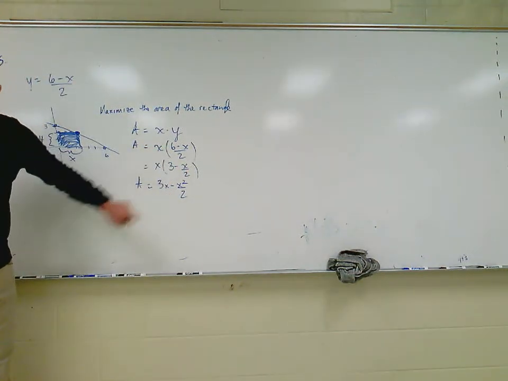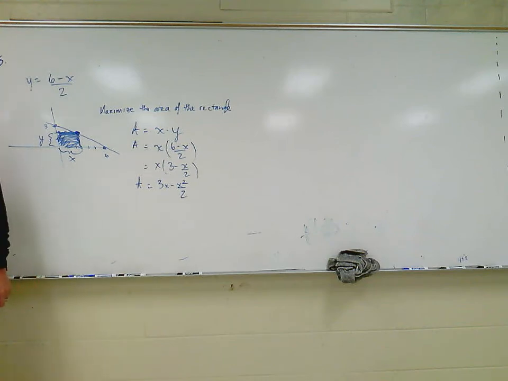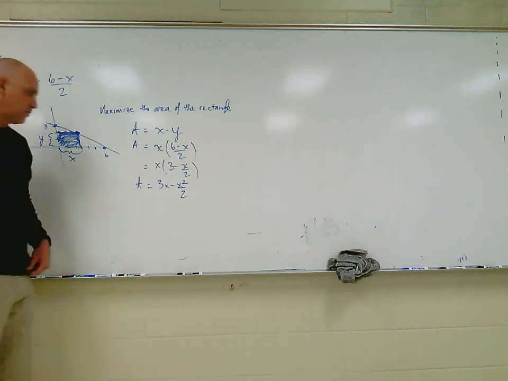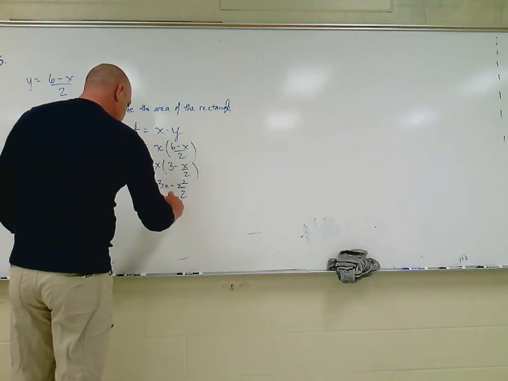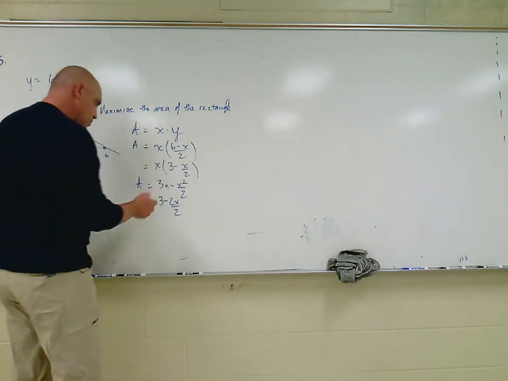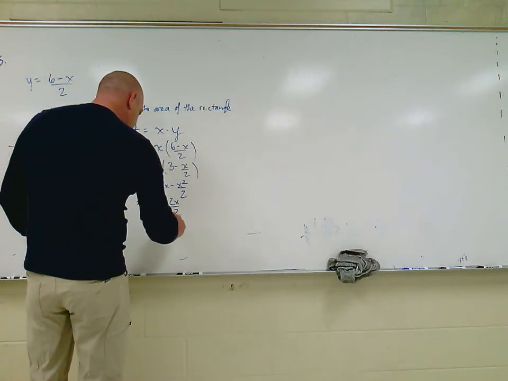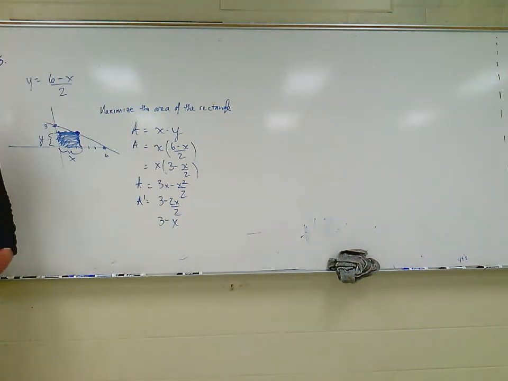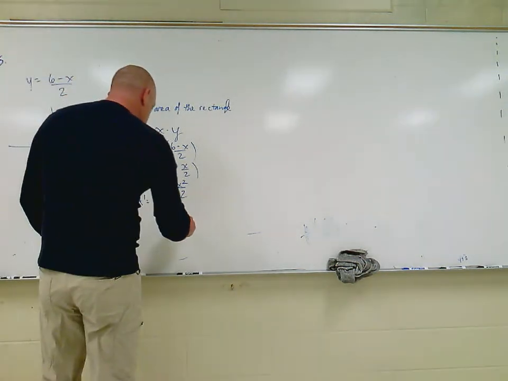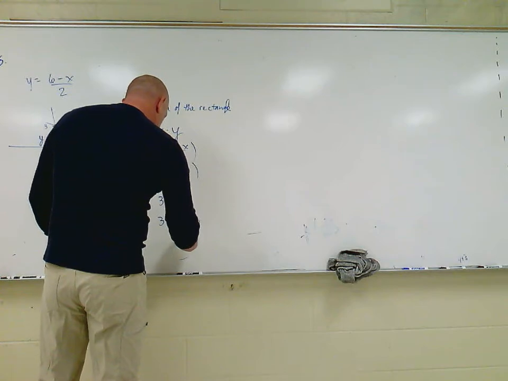So that way it would be much easier to differentiate. And then I find the derivative. A prime, 3 minus 2x over 2, which is 3 minus x. Okay. Set that equal to 0. X is 3.